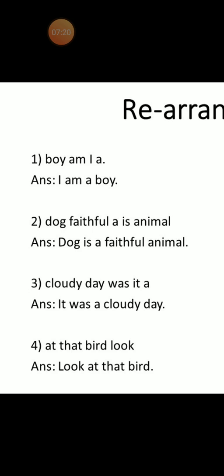Number 2. Dog, faithful, a, is, animal. So, a dog is a faithful animal. You have to arrange words in such a way that it makes proper sense. Just be careful, students.